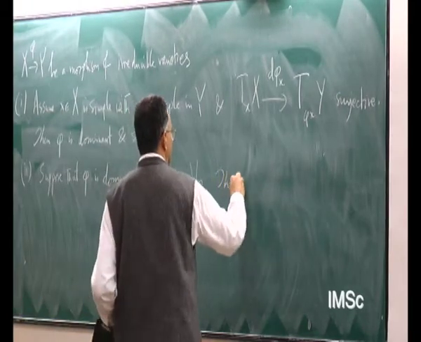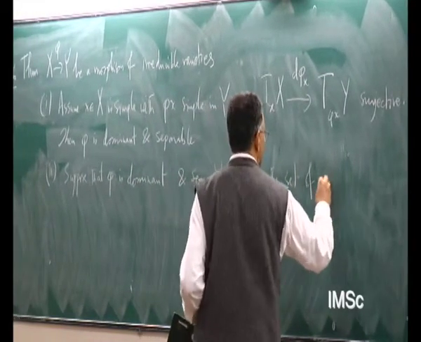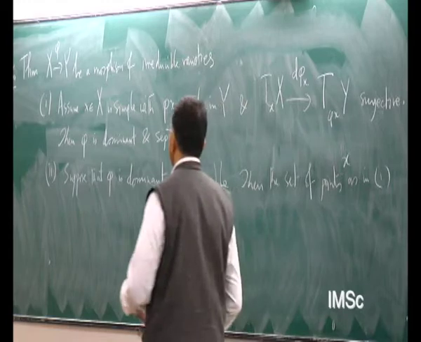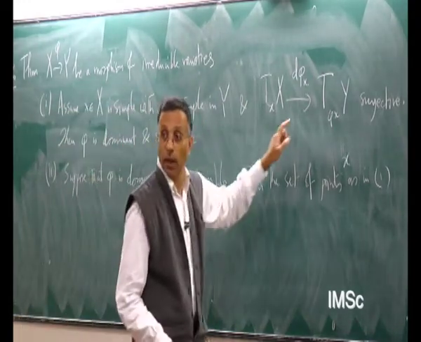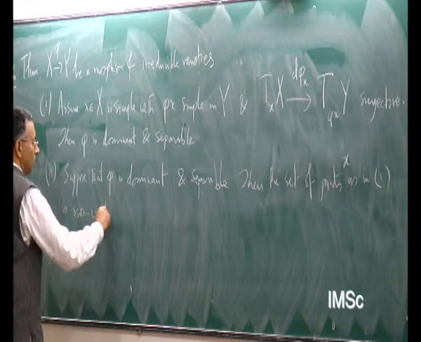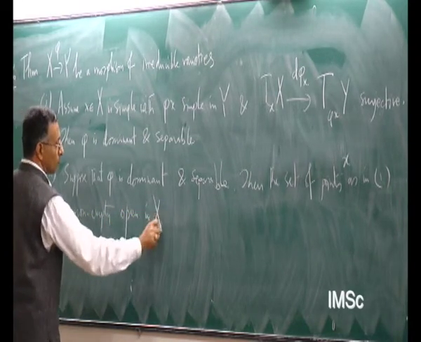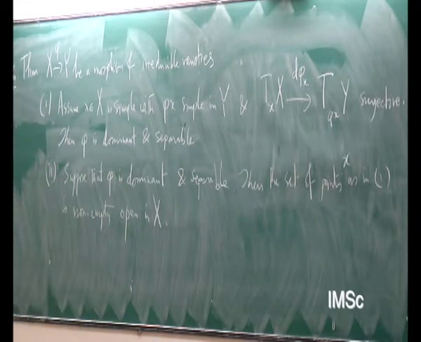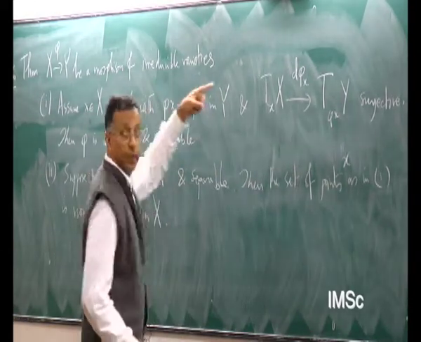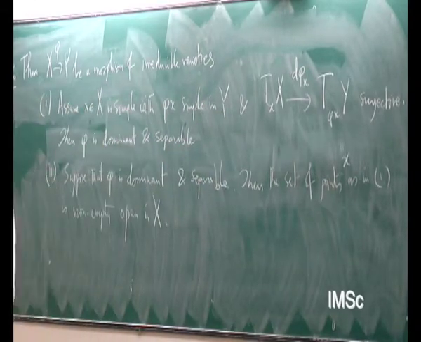Then the set of points x as in 1, meaning x such that x is simple, phi x is simple, and this map is surjective, is non-empty and open in X. Now putting 1 and 2 together, if we take this condition as saying something good is happening, then it's saying if something good happens at a point, then such a good thing happens on an open set.